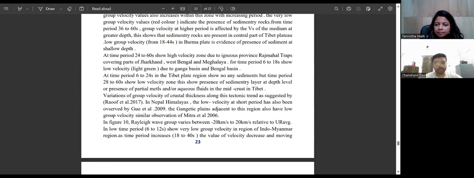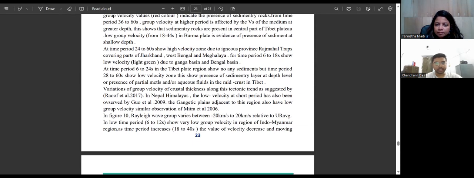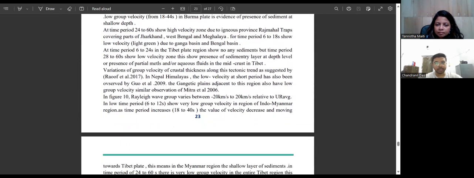Mainly, the conclusion was that with the increasing number of ray paths and the time period, the ray paths intersected in a much more concentrated way in a particular portion.